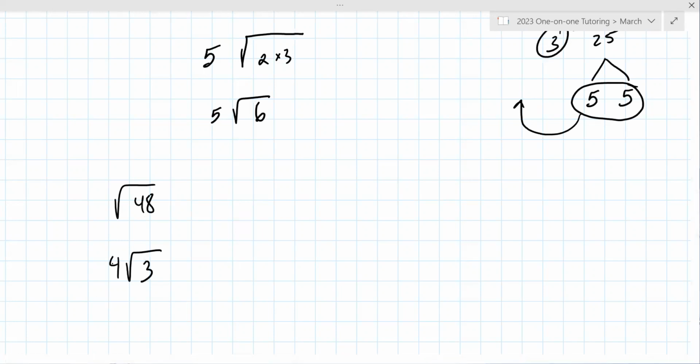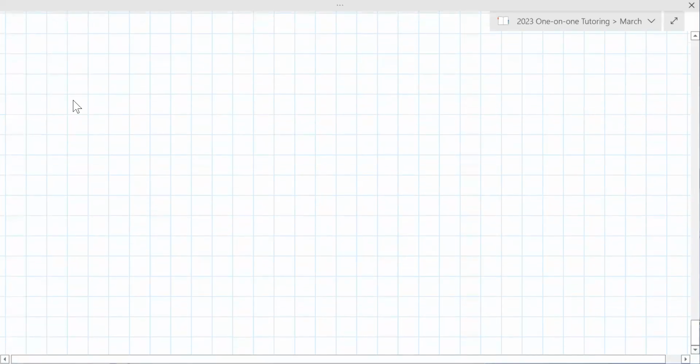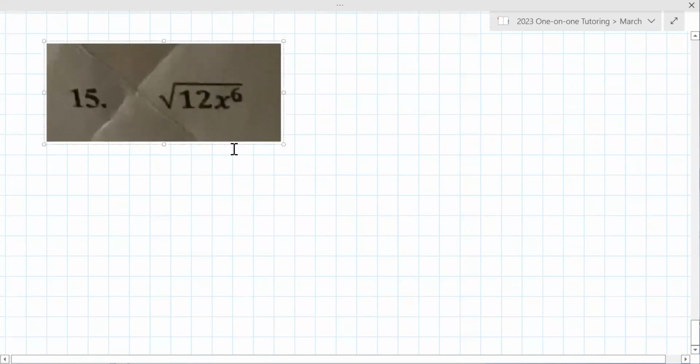All right, so the next ones are newish, different-ish. Maybe we did some the other day, I don't recall, but we're going to break these down into things that you already know how to do. All right, so 15 is the square root of 12x to the 6th.